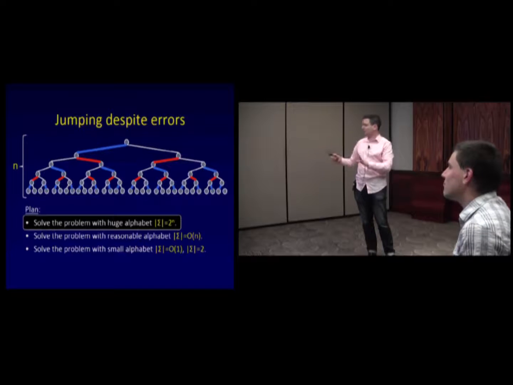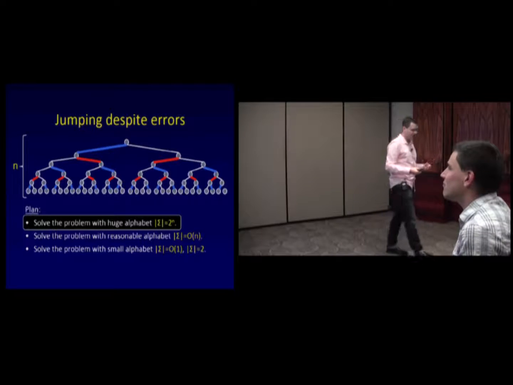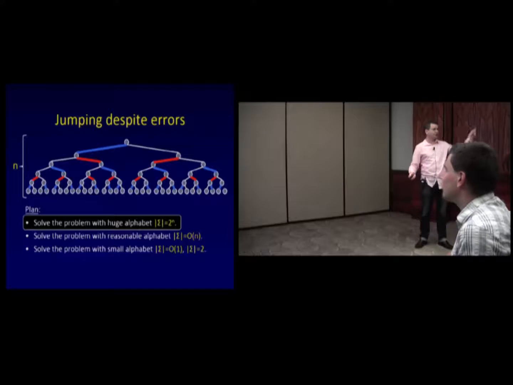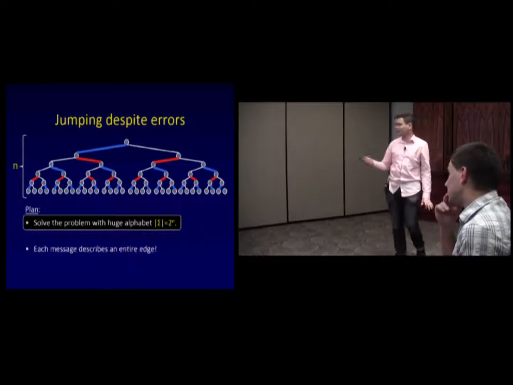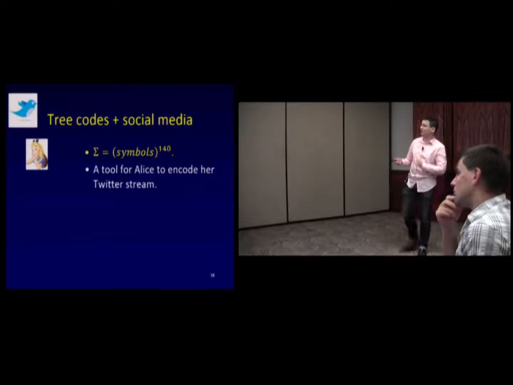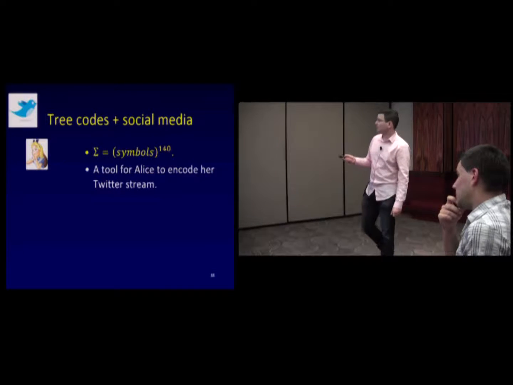This is a reasonable assumption to make to ease the cognitive load. Note that it's not obvious. The alphabet size 2 to the n means you are allowed to put n blocks of size n at once. It's not clear how to get the quarter minus epsilon error in this model. But each message can describe the entire edge.